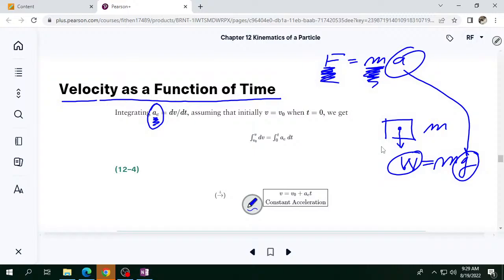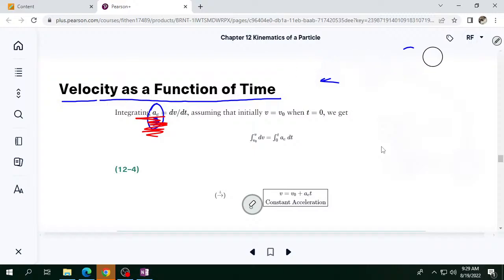So I'm setting up and explaining something you already know, that although this is a special case, the acceleration is constant, it occurs a lot of the time. So he's not just talking out of his head, maybe I am, but for the most part he's not. And so here's a special case.